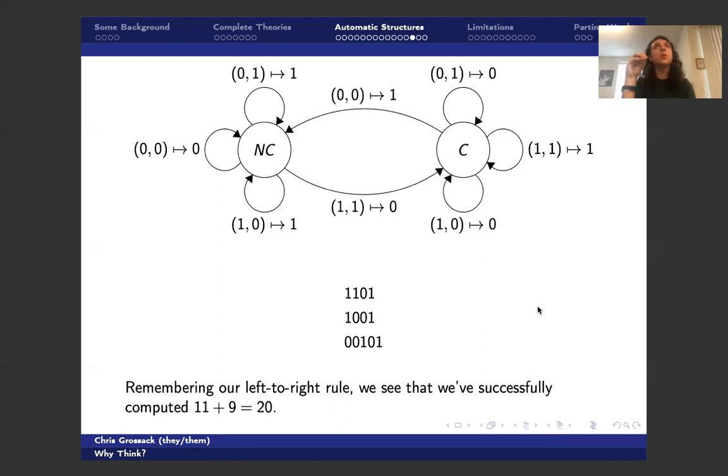The sentence is true exactly if there's a path from the start node to one of the accepting nodes. And checking if there's a path in a finite graph is definitely something we can do. It turns out that in the theory of automatic structures, you can actually get really tight bounds on how long it takes to decide a certain problem.